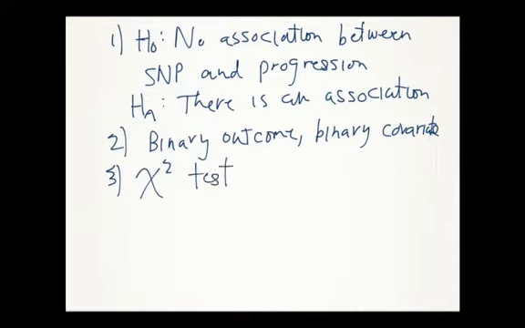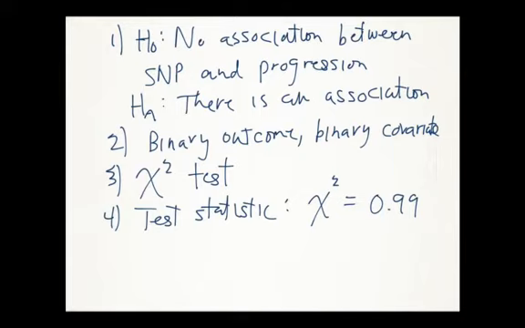And then remember in step 4 and forward, we need our test statistic, our p-value, and so on, which we're going to get from Stata. So let me just proceed as if we've already done the analysis. Our test statistic is a chi-squared value in this particular example equal to 0.99.